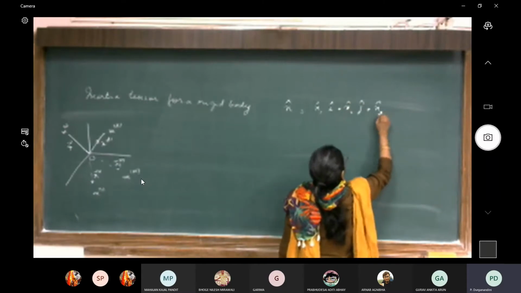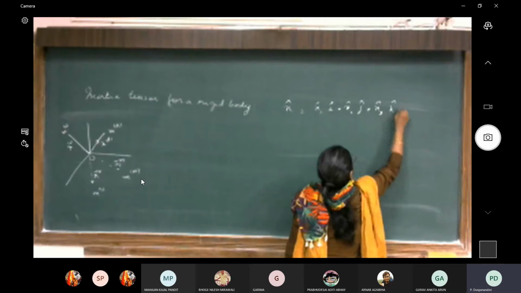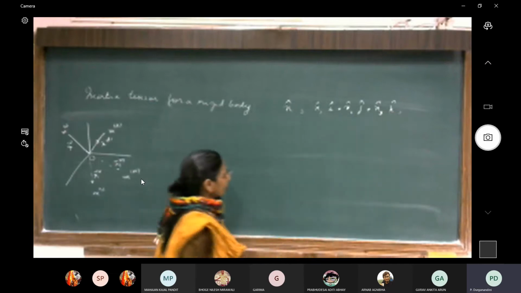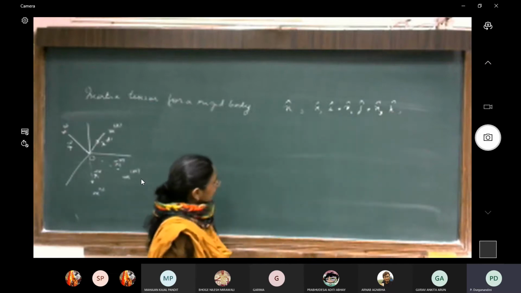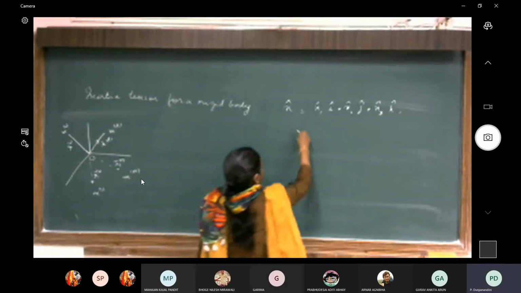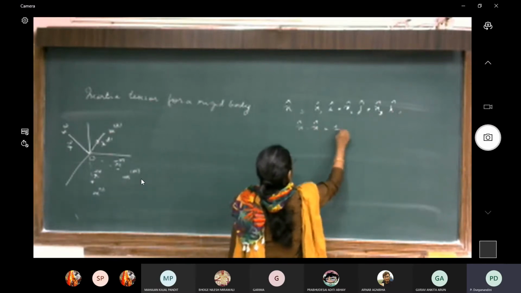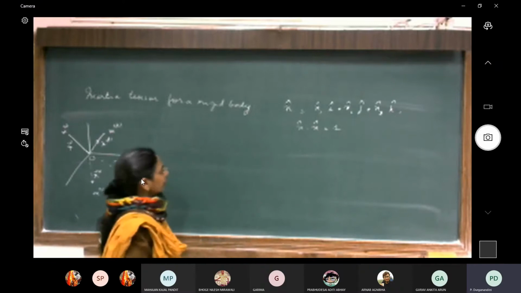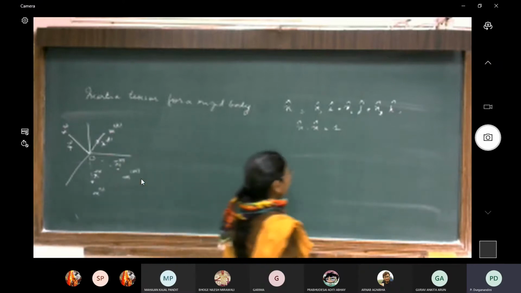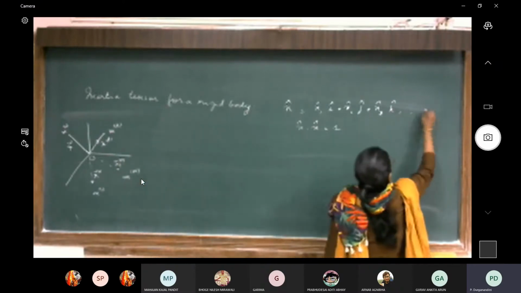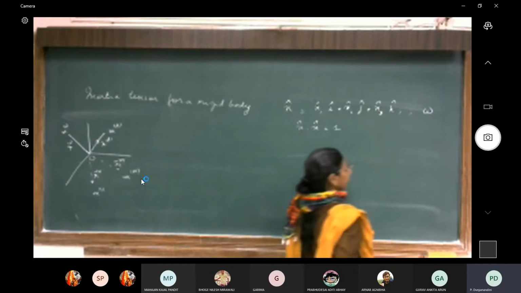The n1, n2, and n3 are the components of this unit vector along the i cap, j cap, and k cap directions. It's a unit vector, so the dot product of this unit vector with itself is one. I rotate about this axis specified by the direction n cap, with angular frequency given by magnitude omega.